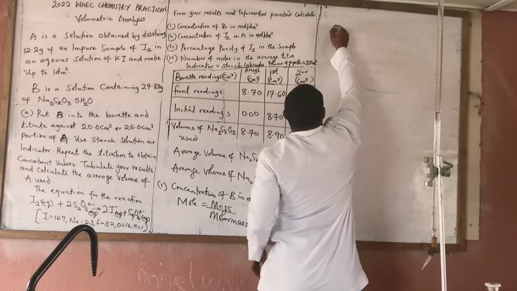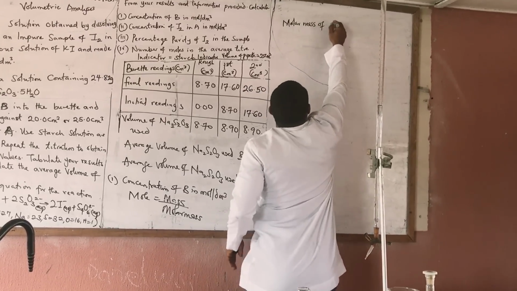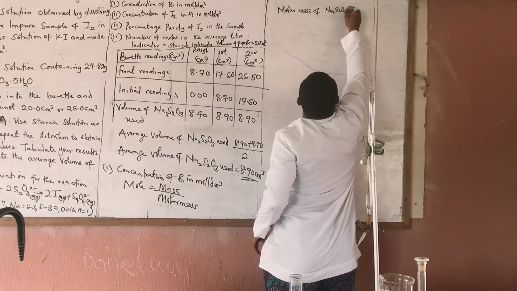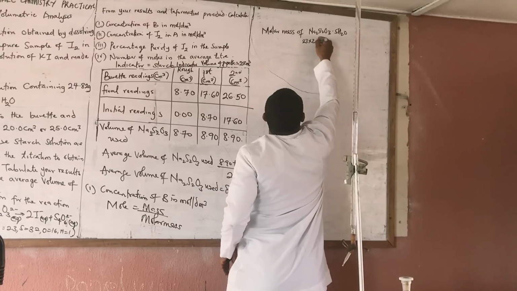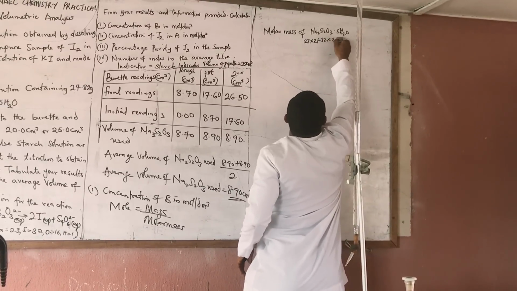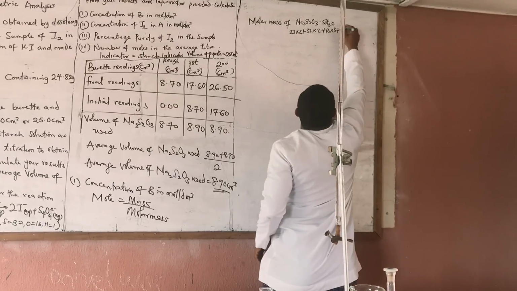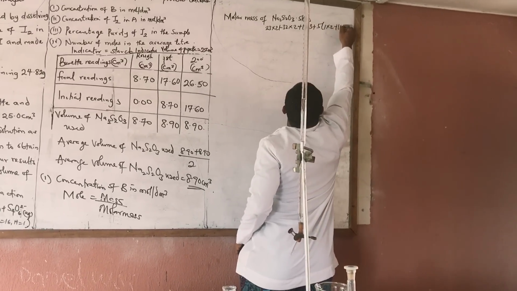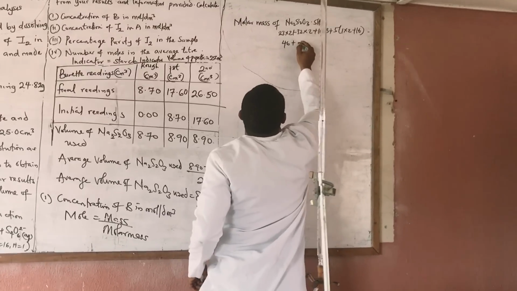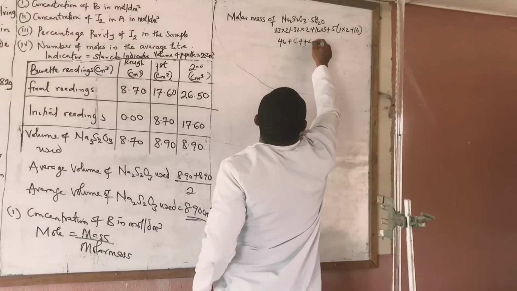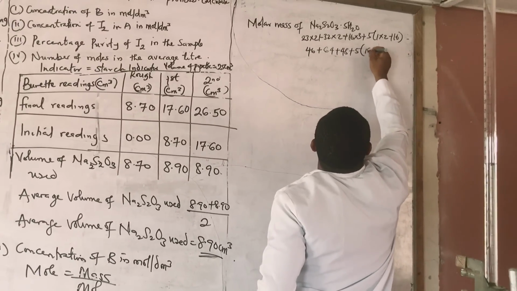So let's calculate the molar mass of Na2S2O3.5H2O. That gives us 23 times 2 plus 32 times 2 plus 16 times 3 plus 5 into bracket 1 times 2 plus 16. Trying to calculate the molar mass of it. So this gives us 46 plus 64 plus 48 plus 5 into bracket this 2 plus 16, that will be 18.